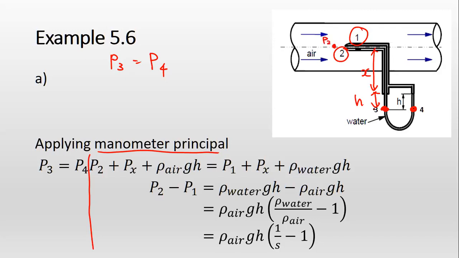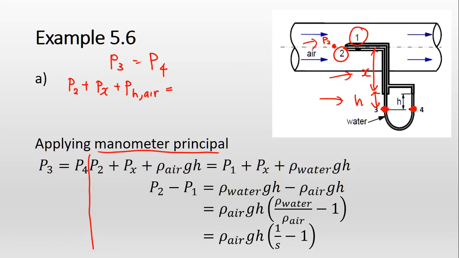So everything above P3 is P2 plus PX plus PH air. Everything above point 3 is P2, PX, and PH.